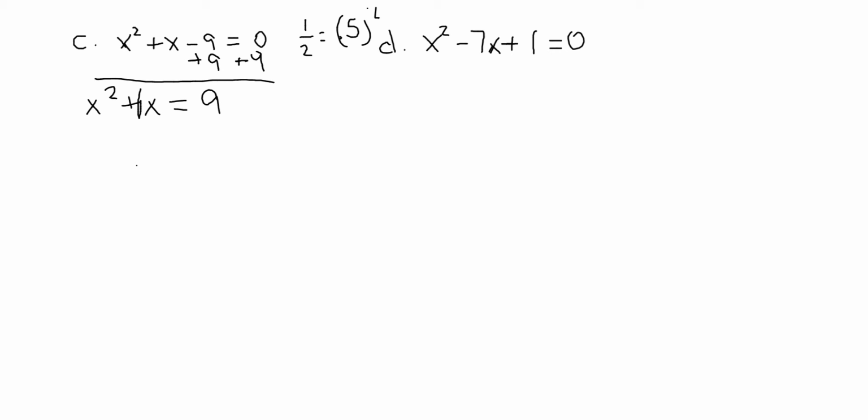If you square 5/10, you get 25/100. So that's what I'm going to add to both sides. I'm going to take my x squared plus x and add 25 hundredths to both sides.